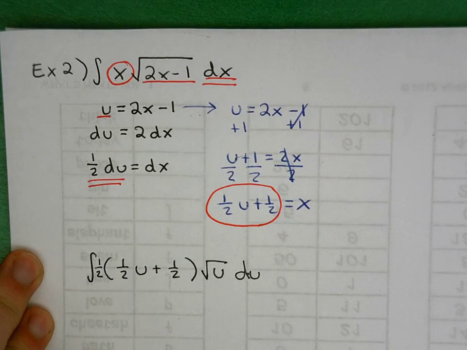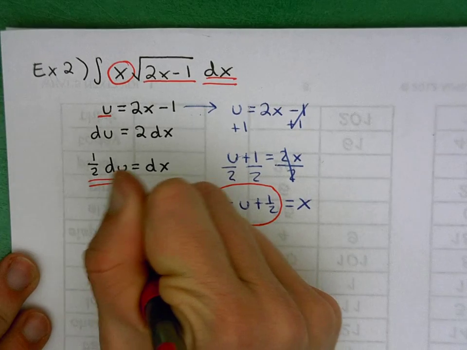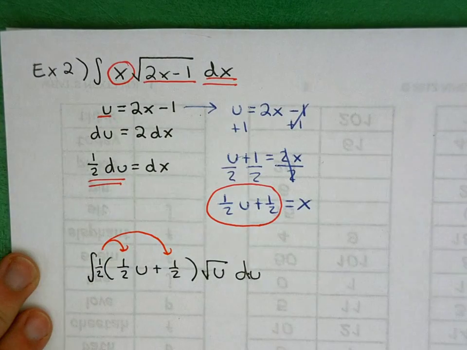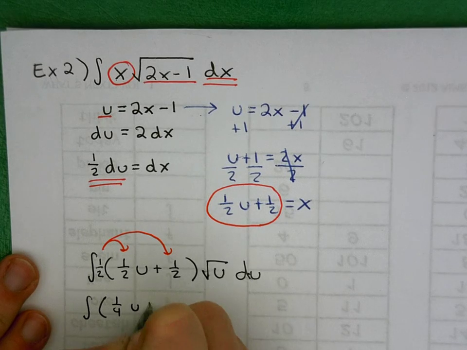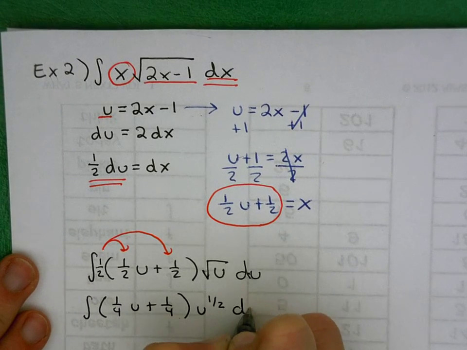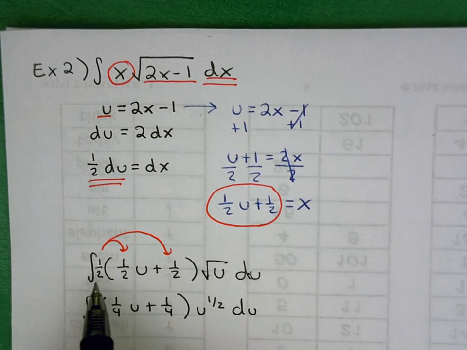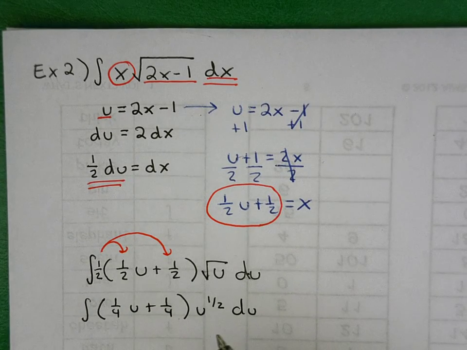Okay. And so I usually like to start with distributing. So I'm going to go ahead and distribute everything in. So we have 1/4 u plus 1/4 u to the 1/2. Now a reminder, you can always pull that coefficient outside of the integral. I typically like leaving it inside just personally, but you could pull that 1/2 outside.